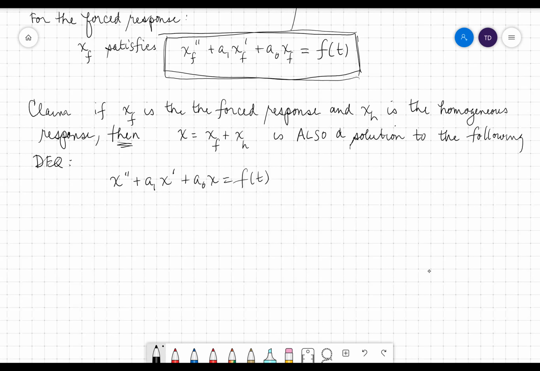And I'm going to prove that to you. So not only is XF a solution to this equation, but X, which is both of them added together, is also a solution to the equation.